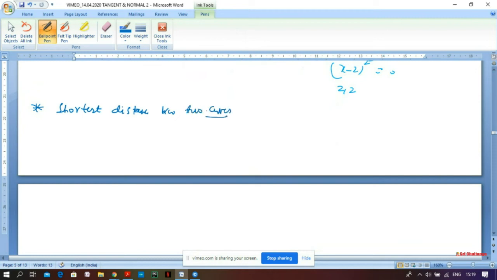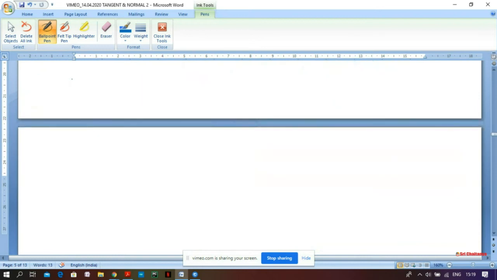Mind you, curve is a generalized word, it can be one line also. So the first example I'll take is y equal to x square plus 3x plus 2. This is a curve, parabola C, and the line is y equal to x minus 2. I want to find the shortest distance, which is called SD, between line L and C.